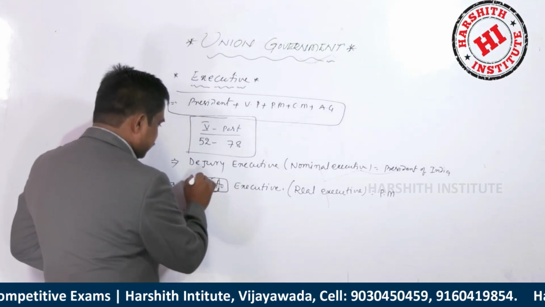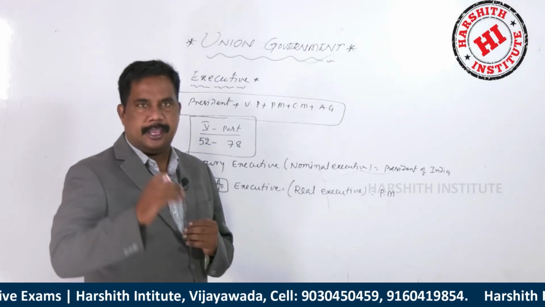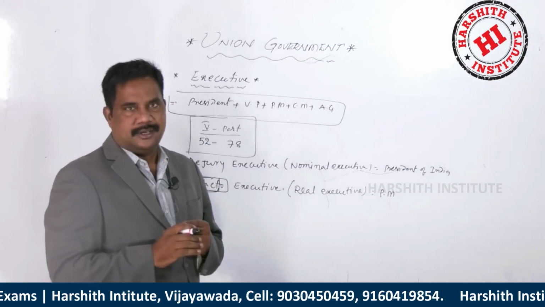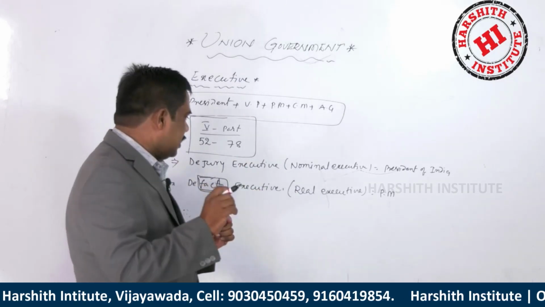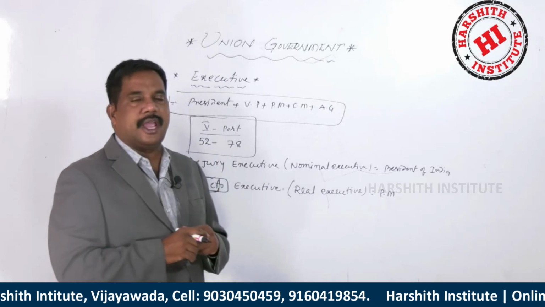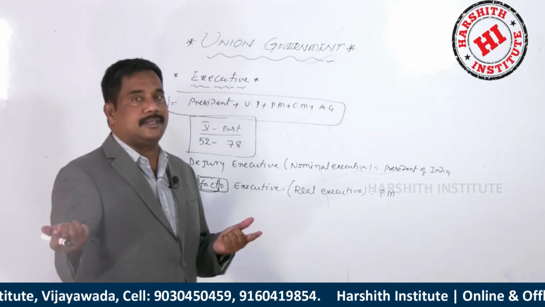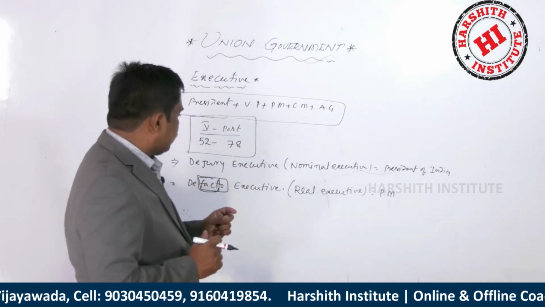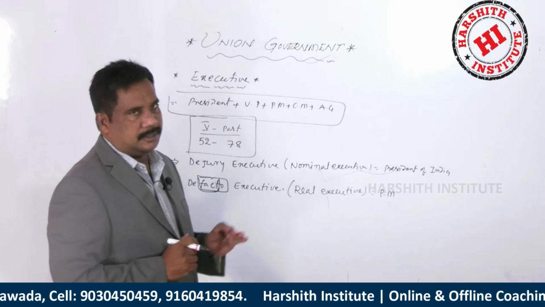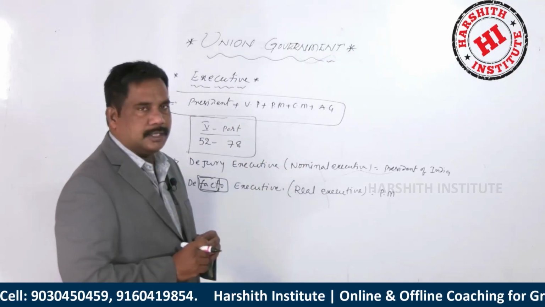When you remember fact, you can give the answer automatically. De facto, fact, real. Who is the real executive? The Prime Minister. That's it. I have explained the difference between these two concepts.